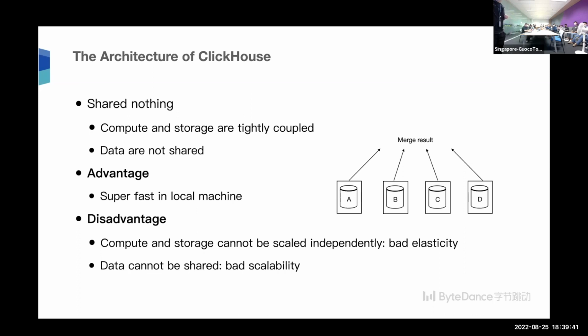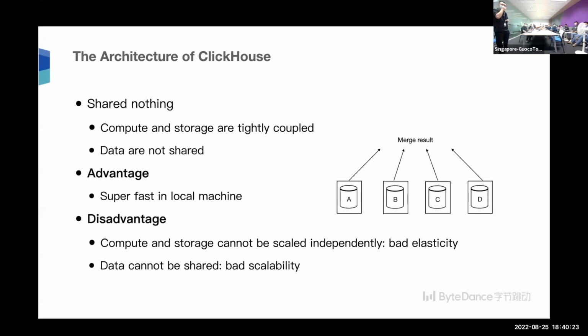The data is inside each compute node, so the compute and the storage are tightly coupled, and the data cannot be shared across different servers. Each server can only access the data inside it. The advantage is that it is extremely fast on the local machine. Recently ClickHouse released ClickBench, a benchmark you can check on their website, and its performance, especially for single table queries, is the fastest.